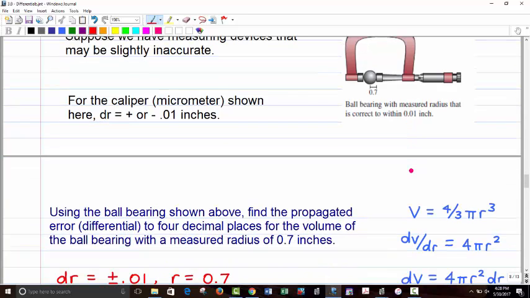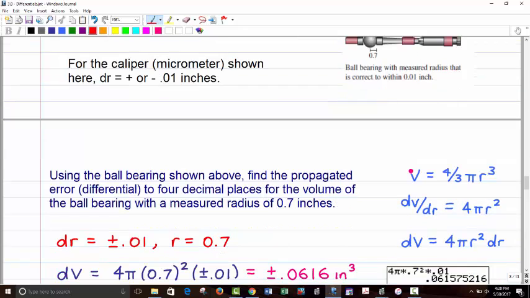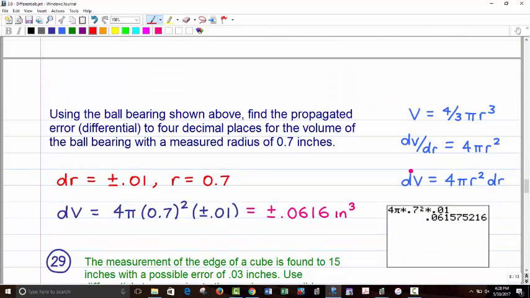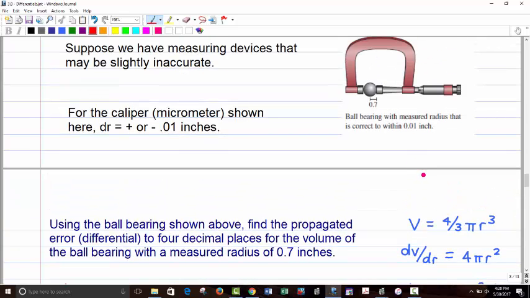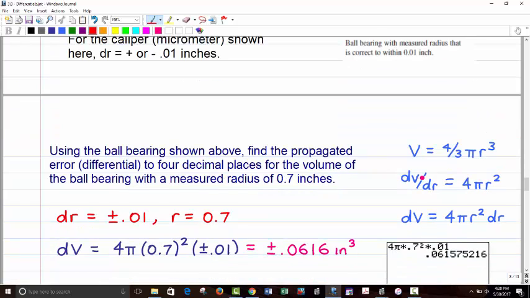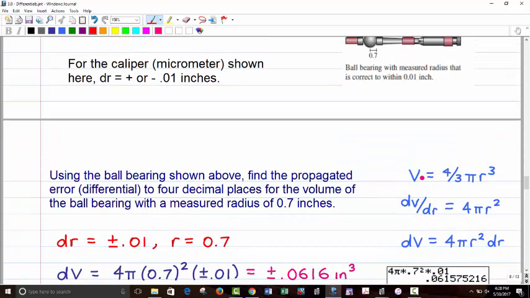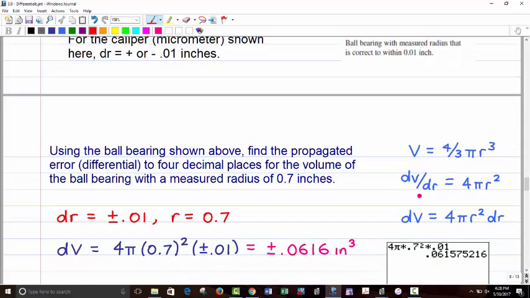So in this example, we're going to find the propagated error, to 4 decimal places, for the volume of the ball bearing with a measured radius of 0.7 inches. So we're measuring this to be 0.7, but now, if that's the case, how far off could we be overall on the volume?